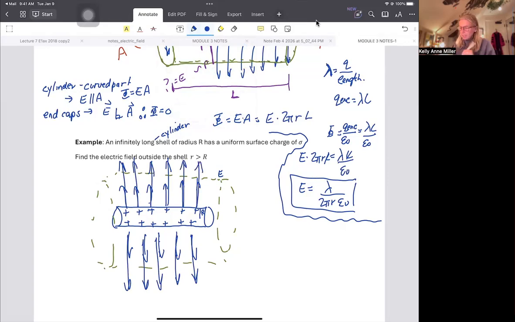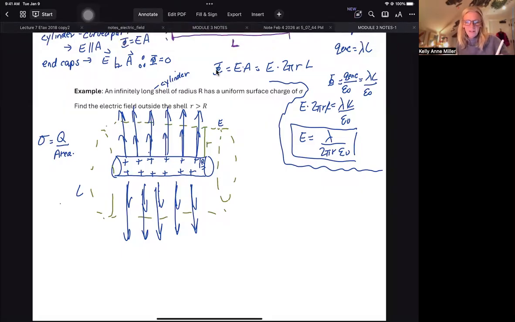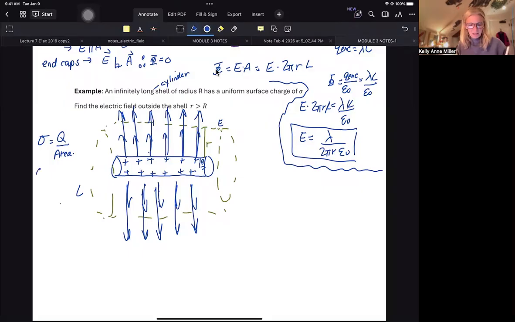Okay, so it's the exact same deal. I've been given a sigma now, which is a charge per area. And I can figure out what the Q enclosed is just by multiplying sigma times the area of the cylinder.